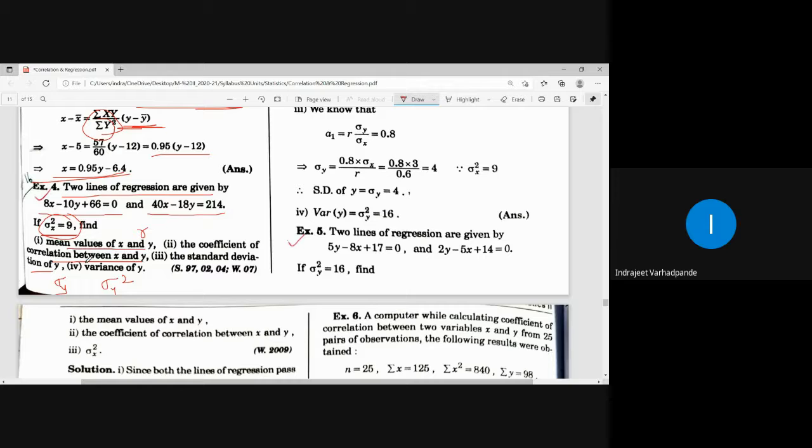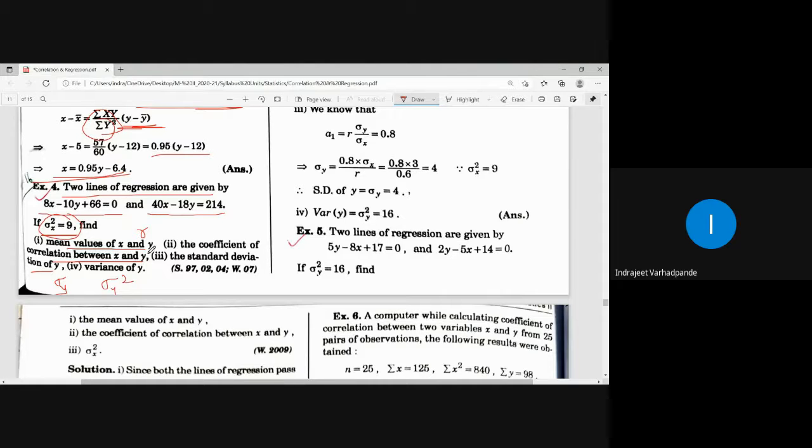I repeat, in whichever line we observe that the coefficient of y is greater than that of x, we say that it is regression line y on x. In whichever line we see that the coefficient of x is greater as compared to y, we say that it is regression line x on y, because that depends on the coefficients.